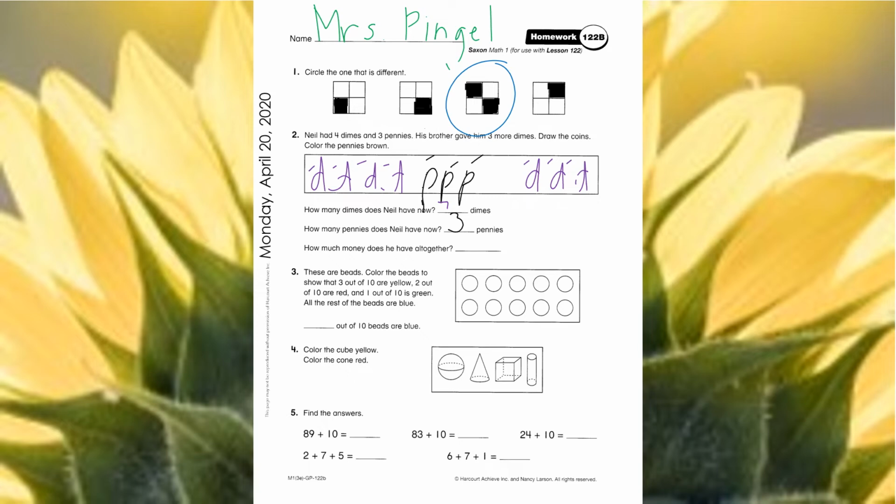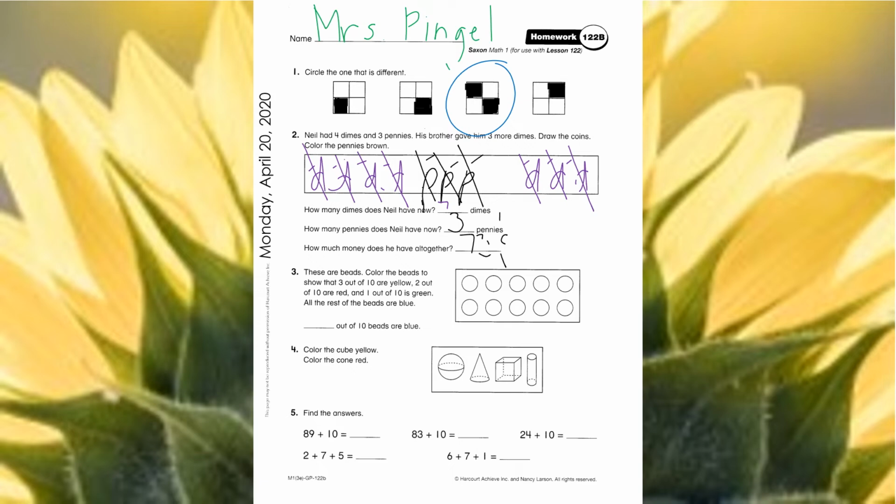Ready? 10, 20, 30, 40, 50, 60, 70 cents. And pennies are worth 1 cent. So I'll switch and count by ones when I do the pennies, starting at 70, 71, 72, 73. Neil has 73 cents.